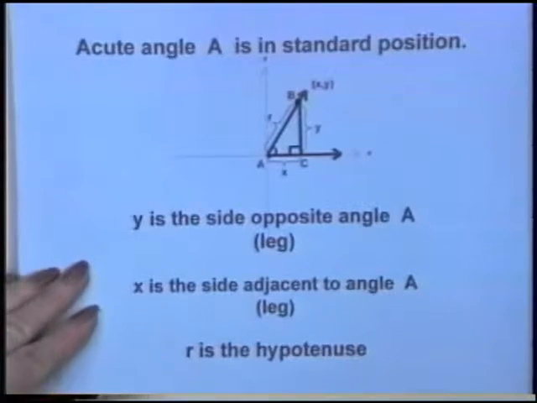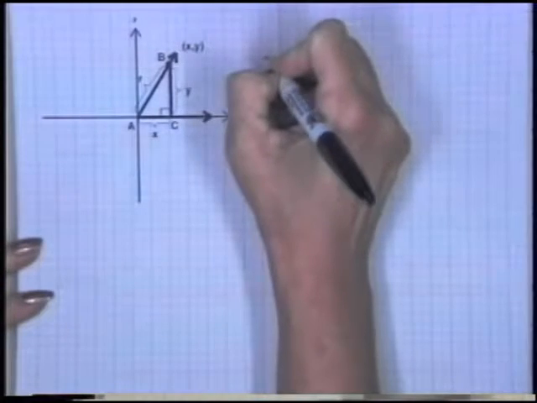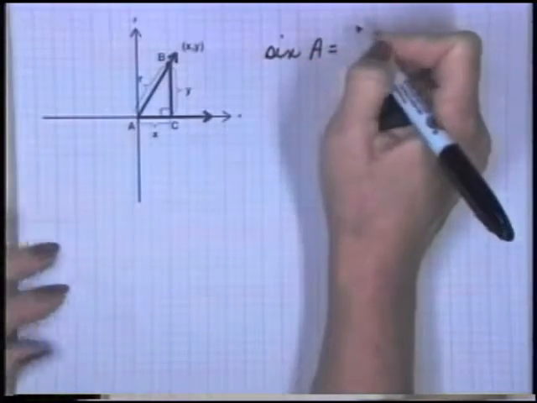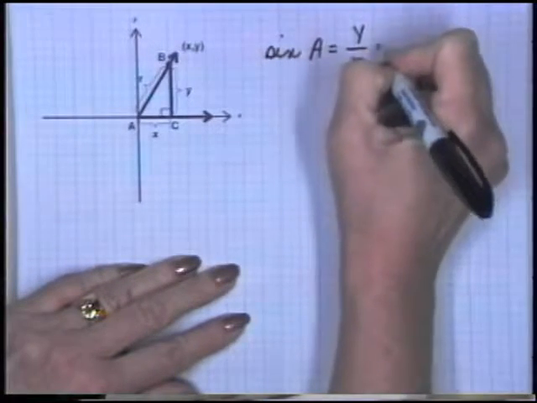Now, given this definition, let's define the trig functions of angle A. We know that the sine of angle A is defined to be y divided by r.